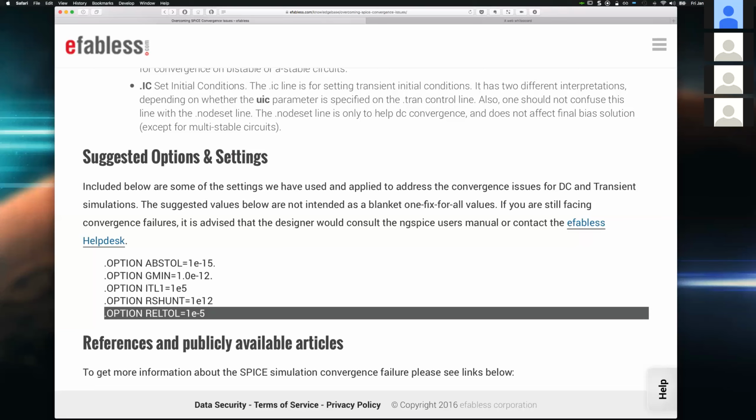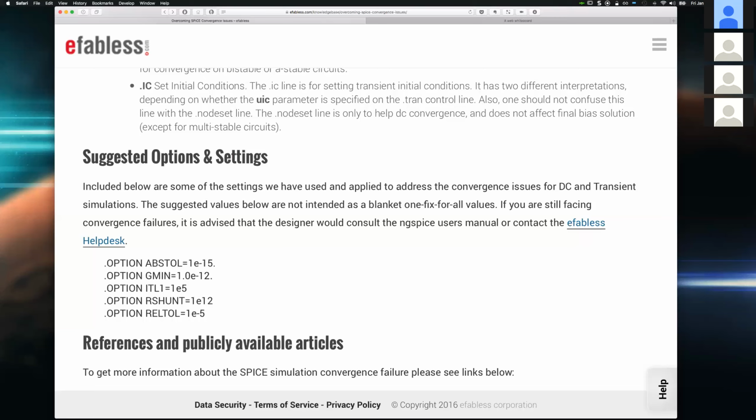So there are guides that you don't go higher than a certain value for reltol, for example. It's not surgical. Actually, it is surgical. You'd have to make a judgment.